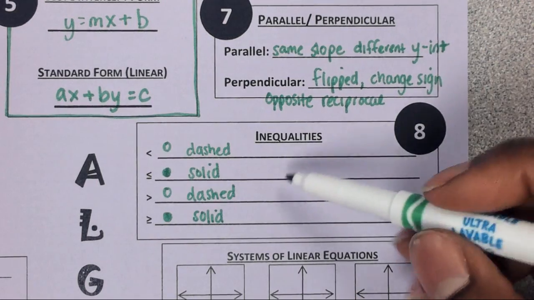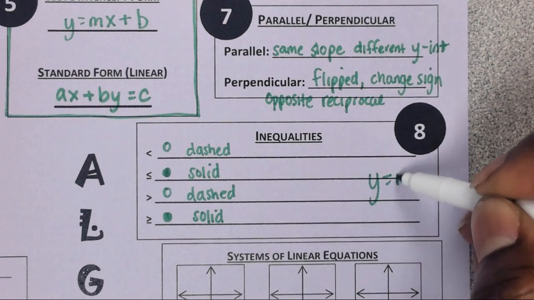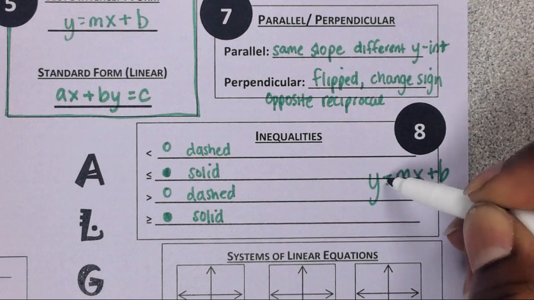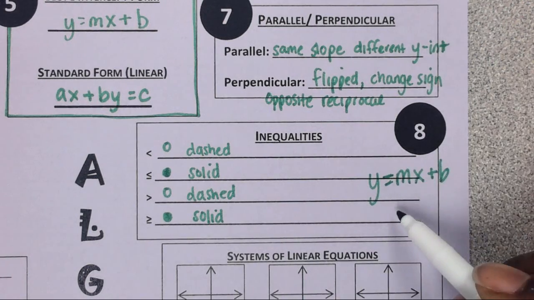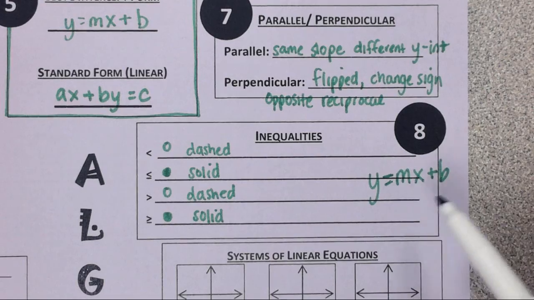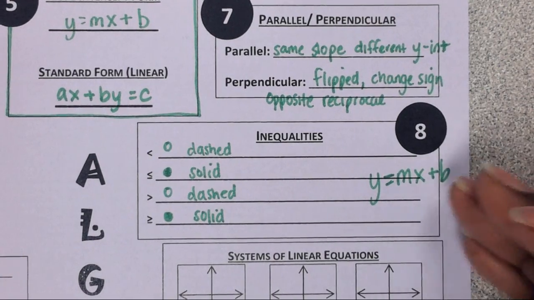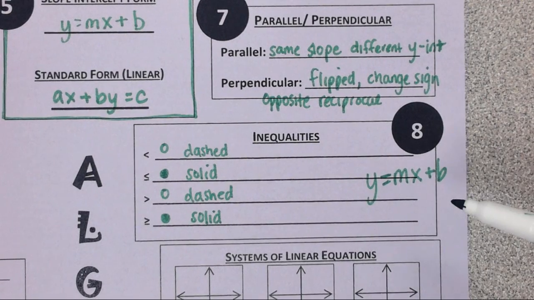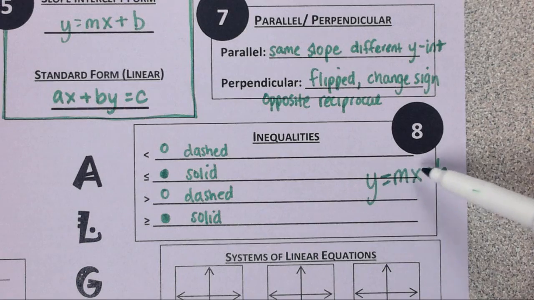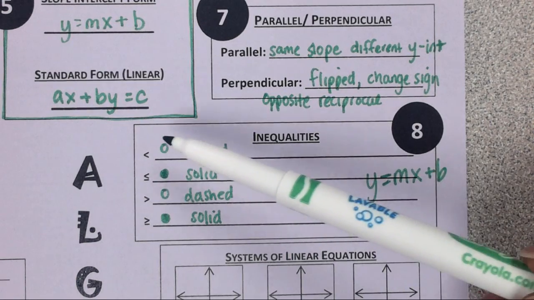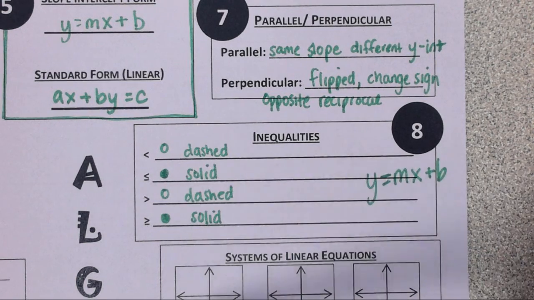And remember, it must be in y equals mx plus b form in order for you to really understand what the sign is telling you. Standard form is not good for these because your sign could flip if you divide by the negative. So please do not forget that. It must be in y equals mx plus b form in order for you to really tell me should it be shaded above or below.